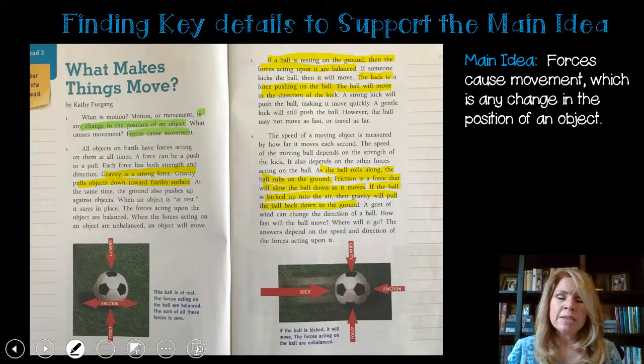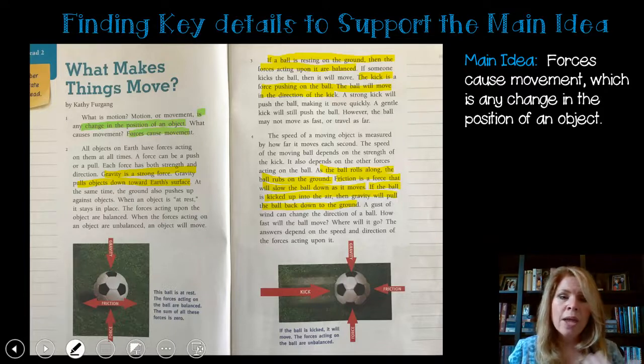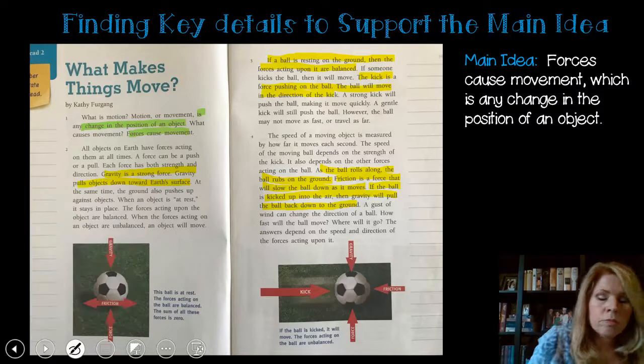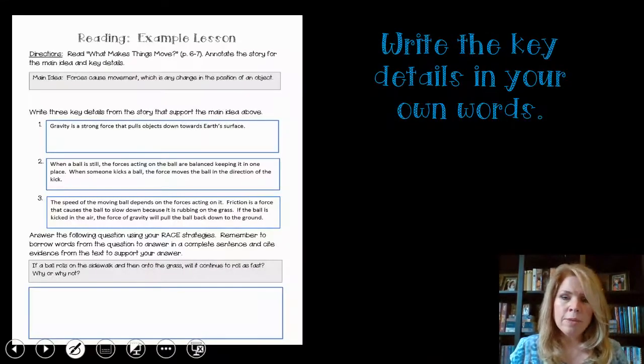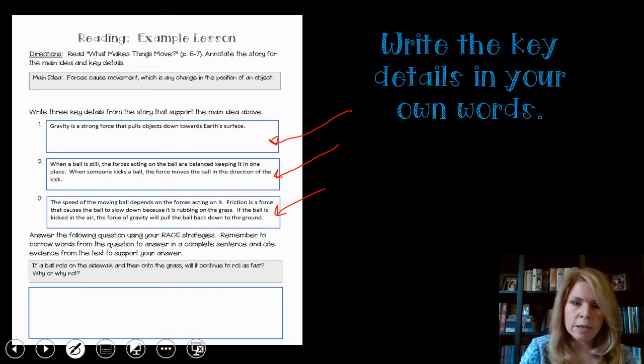So both of those things affect the speed in which something travels. So now I have my three key details. I am going to now write them down right here next to 1, 2, and 3 on my key details.